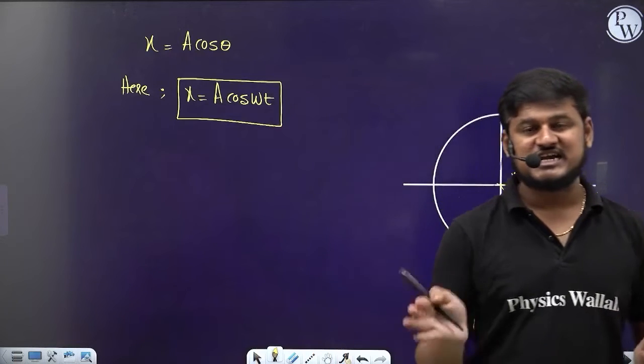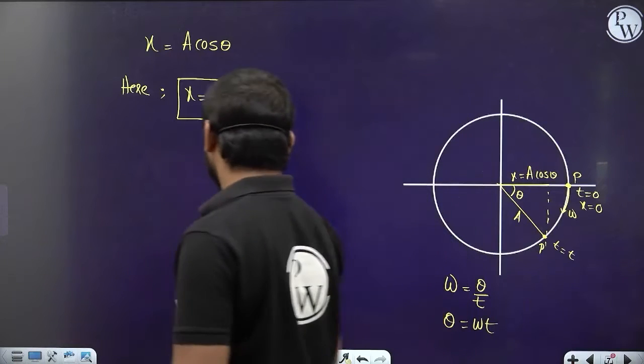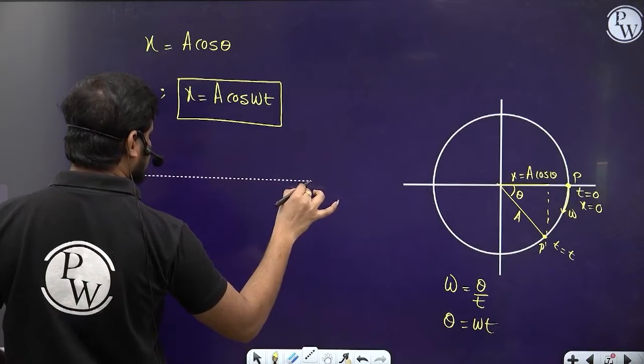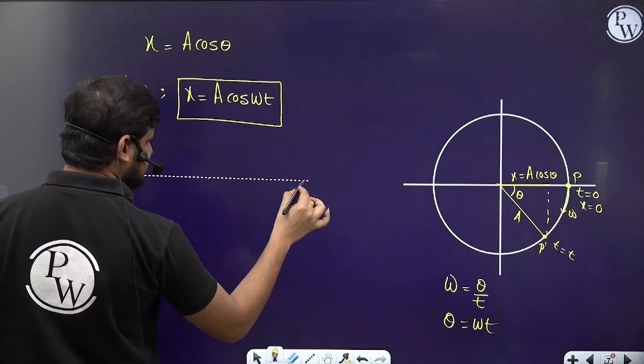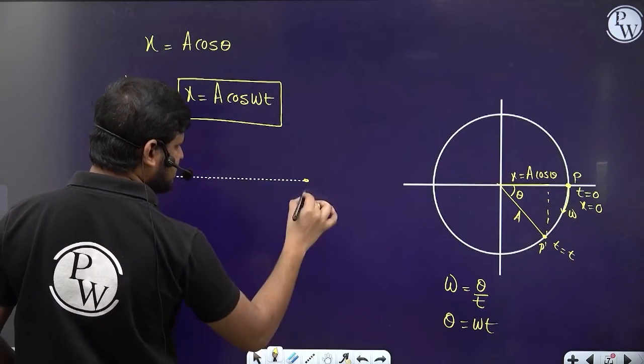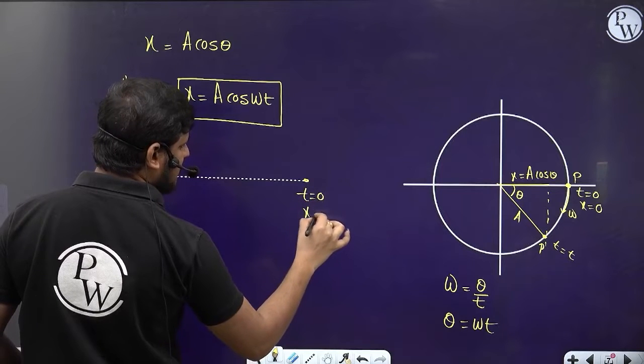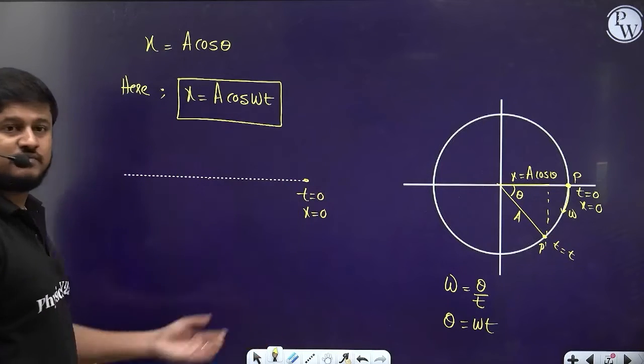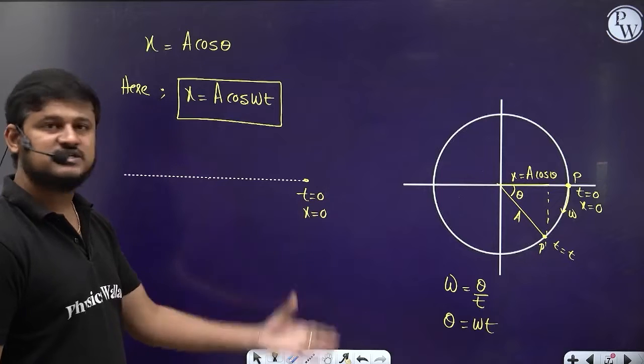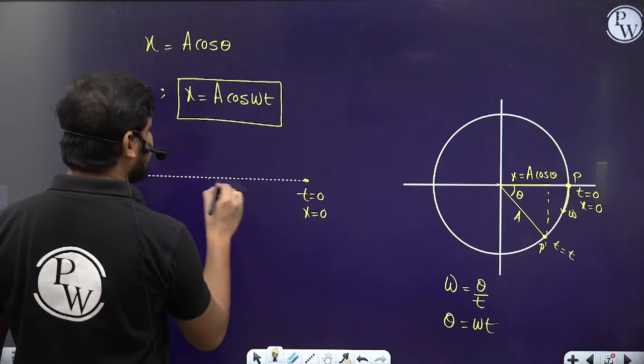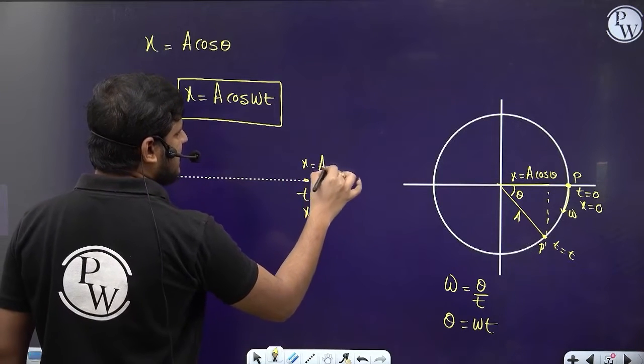In straight line motion S.H.M, if the particle is at x is equals to 0 at time t is equals to 0, and it starts oscillating from here, then the equation for the S.H.M will be A cos omega t.